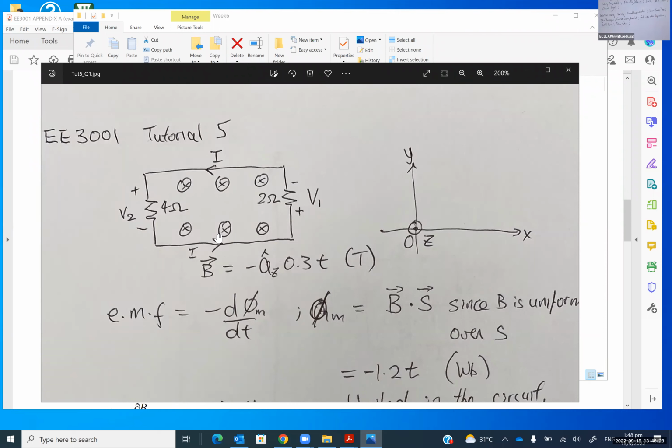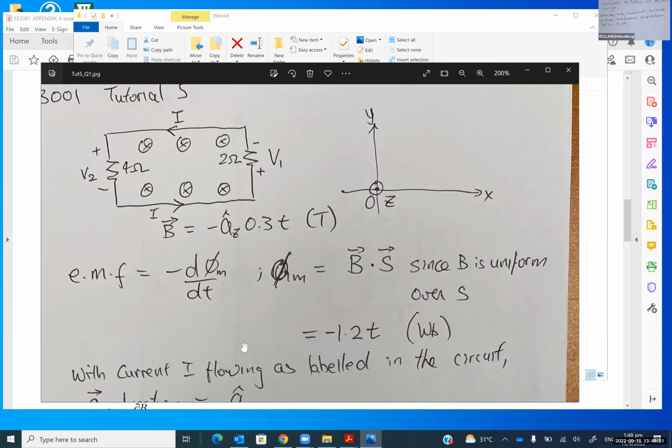If I change the loop current direction to clockwise, then I have negative AZ. So make sure you do that first: in your figure, label the loop current direction. Since I labeled it anticlockwise, my area is positive AZ.